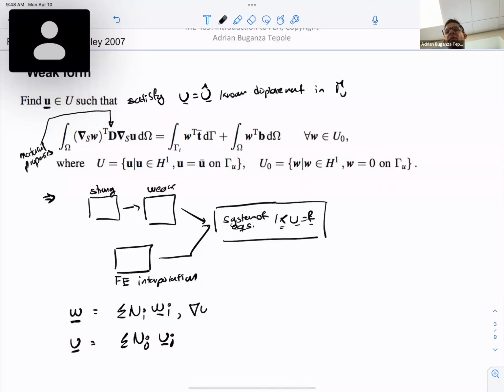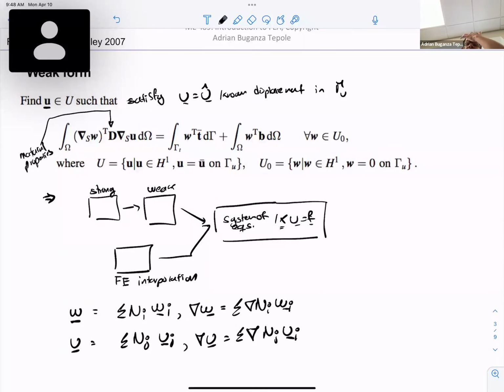So the gradient of W is going to be the sum of the gradients of the shape functions times the nodal values, and the gradient of U is going to be the sum of the gradients of the shape functions times the nodal values. So the interpolation is the same as before.